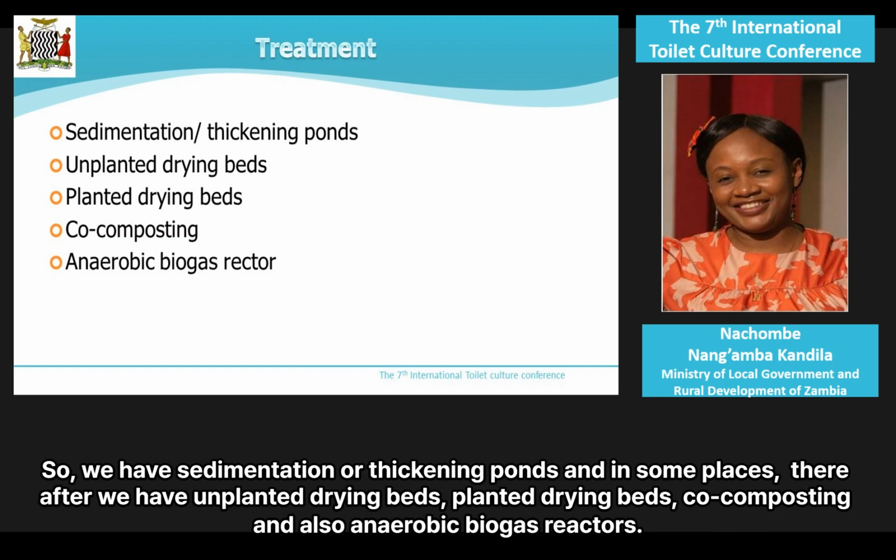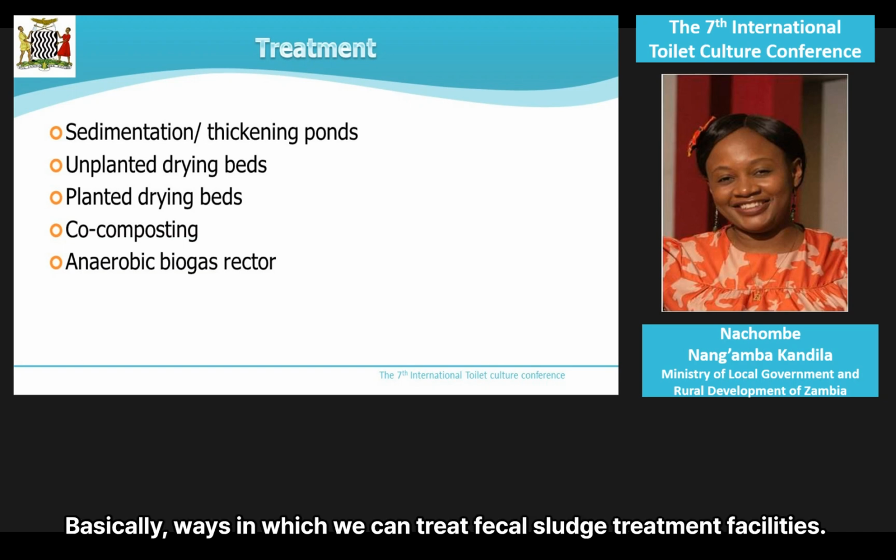So we have sedimentation or thickening ponds, and in some places, thereafter, we have unplanted drying beds, planted drying beds, composting, and also anaerobic biogas reactors. Basically, ways in which we can treat fecal sludge at treatment facilities.